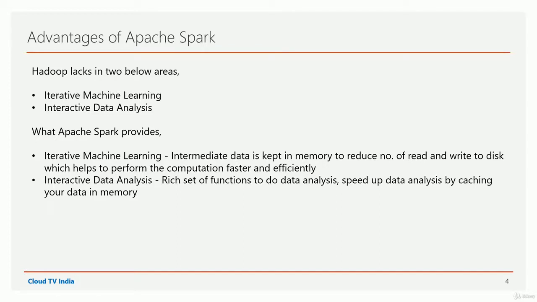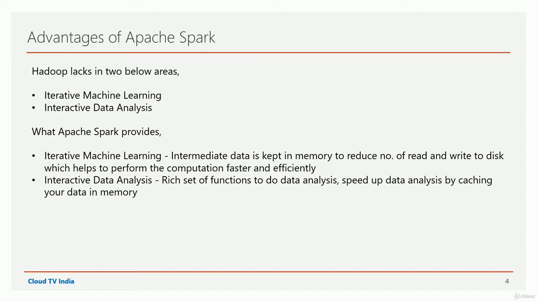But in Apache Spark, based on the number of computations you want to do, the Spark execution engine will optimize your operations, and it will run your job in an efficient way, and it will be very fast also.